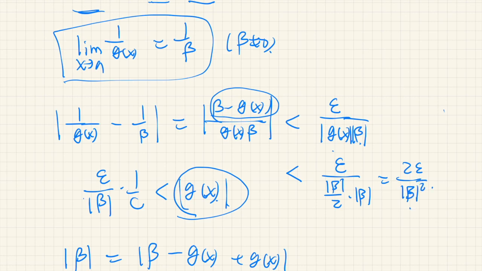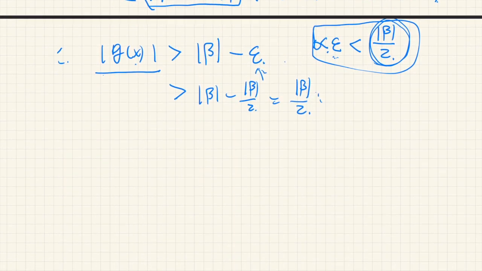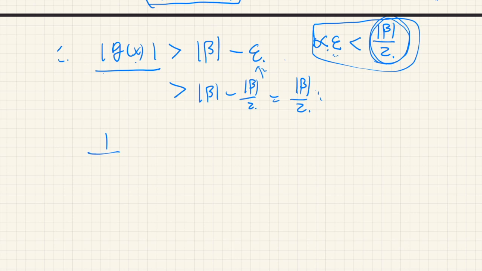Now beta is a non-zero constant, and epsilon is an arbitrary positive constant. So that means this difference, 1 over g minus 1 over beta, is less than some arbitrary positive constant. That means we have this convergence: 1 over g of x converges to 1 over beta as x goes to a.